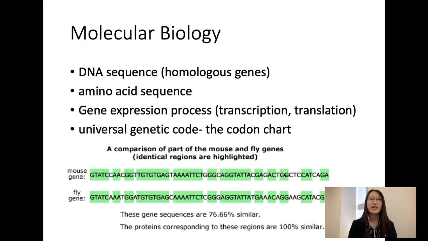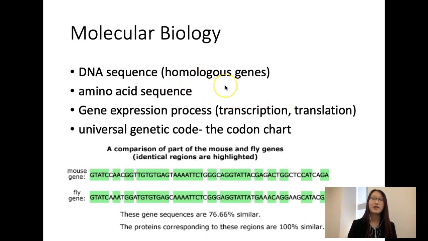And depending on how similar the DNA sequence is or not, you can tell how closely related different species are. We said evolution is change in allele frequencies over time, right? So we can see the change in DNA sequences as well.